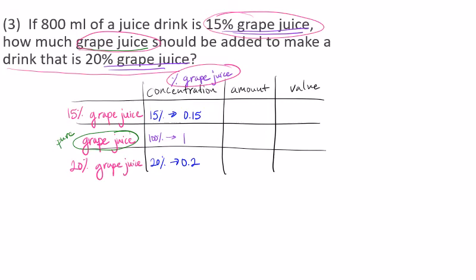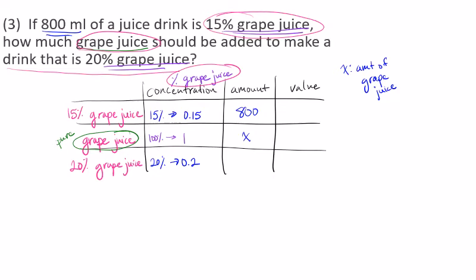Okay, all right. So then we talk about amount. They tell us that we have 800 milliliters of a juice drink of 15% grape juice, right? So we know this is 800, and they're asking how much grape juice should be added. So it's a good thing to call X. So X is the amount of grape juice. And notice how in these mixture problems, most of the time, if not always, the amount is going to be where our variable is.